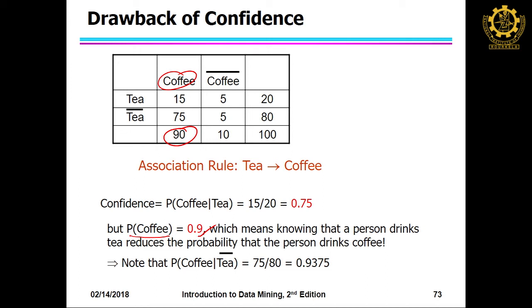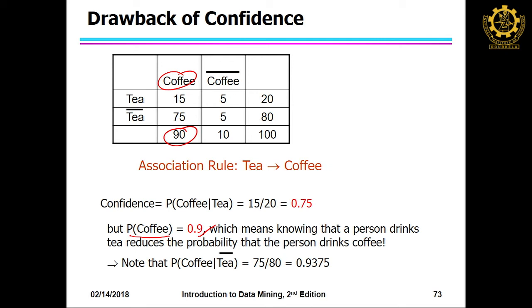What do we want to find? Togetherness: whenever people purchase X, he or she will purchase also Y, but Y itself is 90%, and if we put it with X, it is decreasing. So, that means such a rule may happen, but it is kind of misleading.